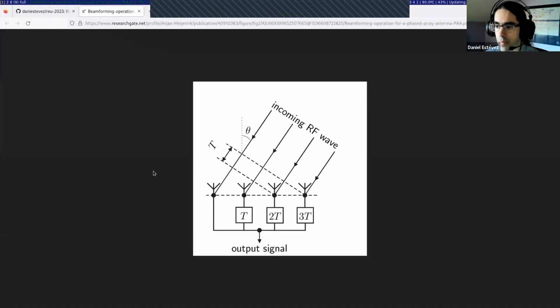And for this, I'm going to simulate the most simple kind of beamforming array, which is called the linear array. And I'm going to use this picture from the internet as a reference. And it's called a linear array because all the antennas are placed on a straight line, and the separation between the antennas, for simplicity, is uniform.